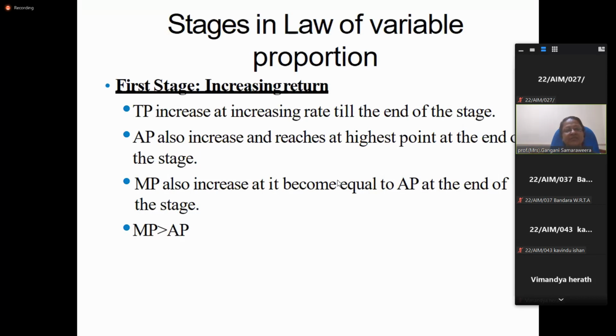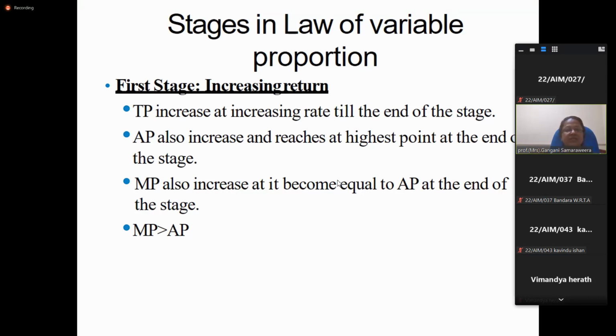First stage, increasing return: total product is increasing at an increasing rate. Average product is also increasing and reaches the highest. Marginal product is also increasing, becomes equal to average product at the end of the stage. Marginal product is more than the average product.